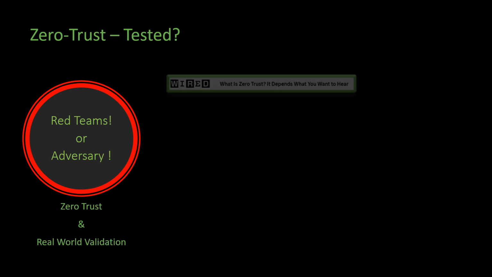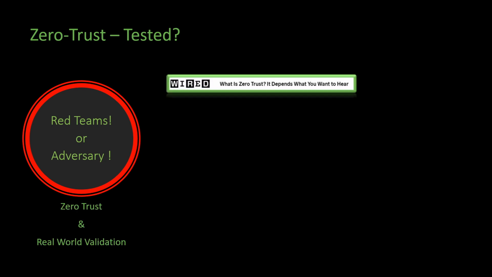And so let's think about zero trust as a whole, and the best way to think about how much security or increased effectiveness that we're going to get is to think about red teams or the adversary themselves. So has zero trust really been tested? Well, I don't know that it has. And outside of a lab, right?